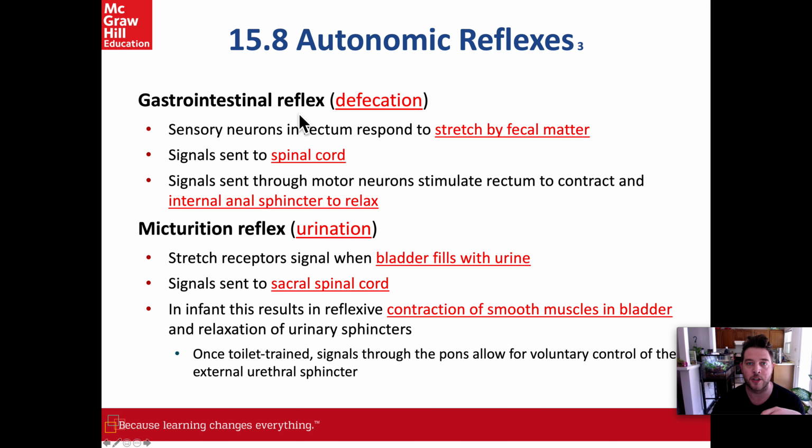Just like we had an external anal sphincter, we have internal and external urinary sphincters. The autonomic signal will release the internal urinary sphincter, and then as we get older, we get more control in our pons to control that external urinary sphincter as well.